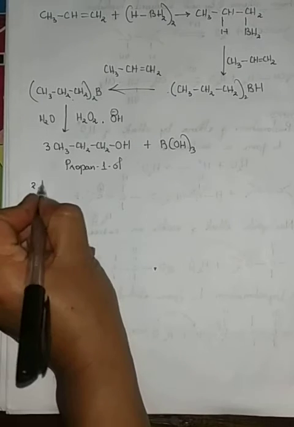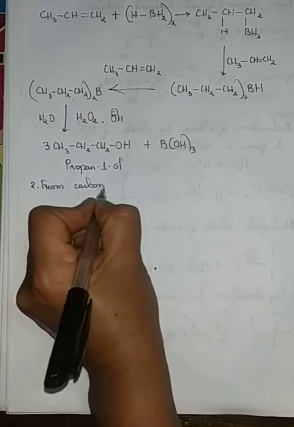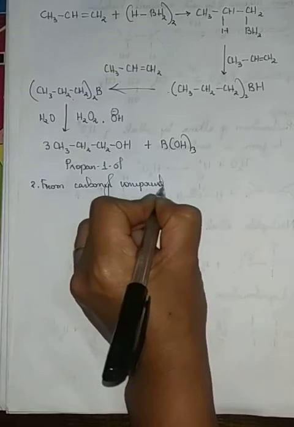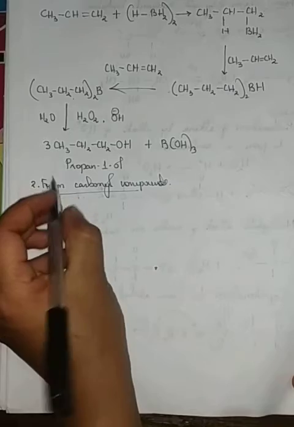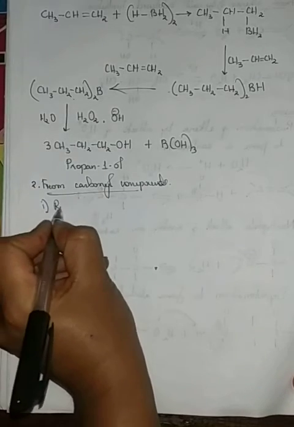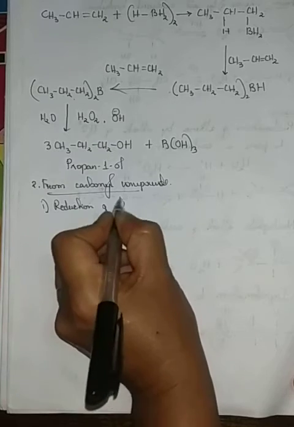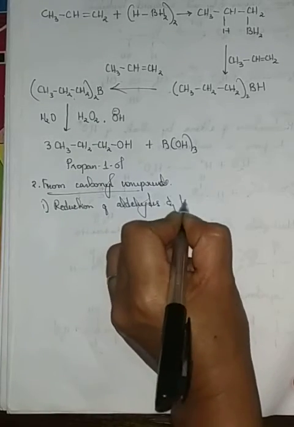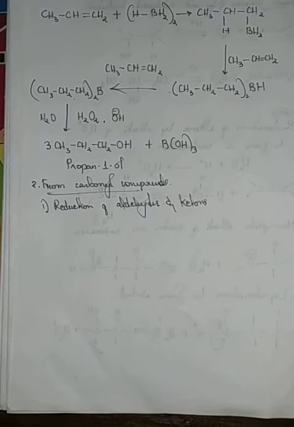Now, the second preparation method of alcohol is from carbonyl compounds. Number one is the reduction of aldehydes and ketones.